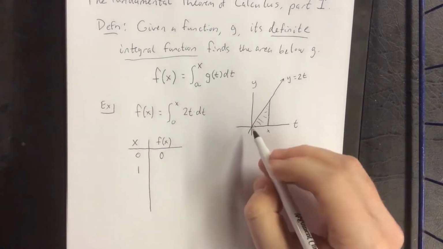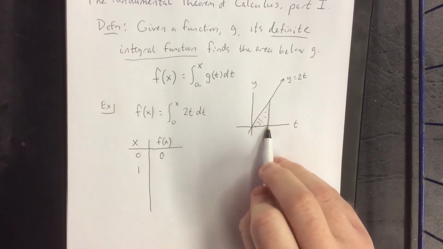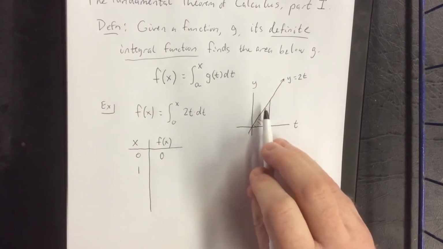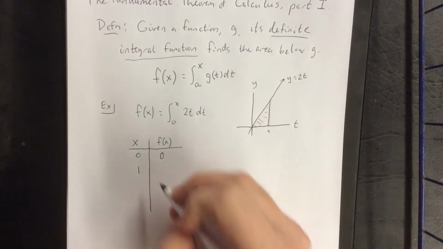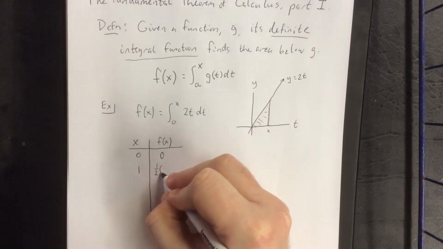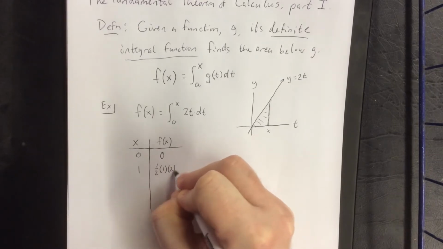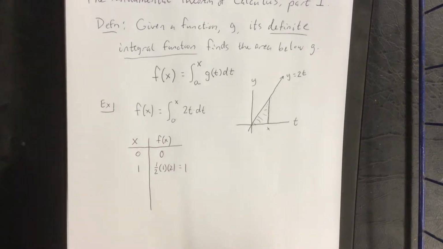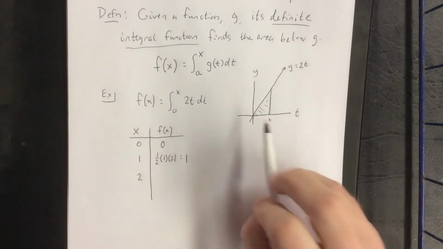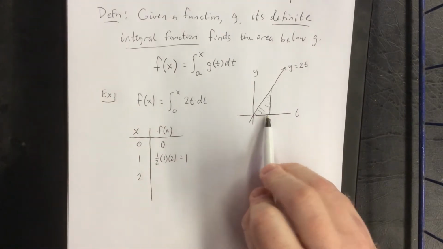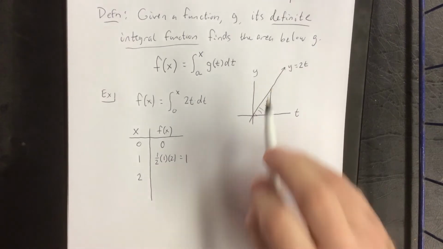Now for 1, that would indicate a base of 1 and a height of 2 by plugging it into the function. So this would be 1/2 times the base times the height, which when simplified would give us 1. If I plug in x equals 2, that would give us a base of 2 and a height of 2 times 2, that would be a height of 4.